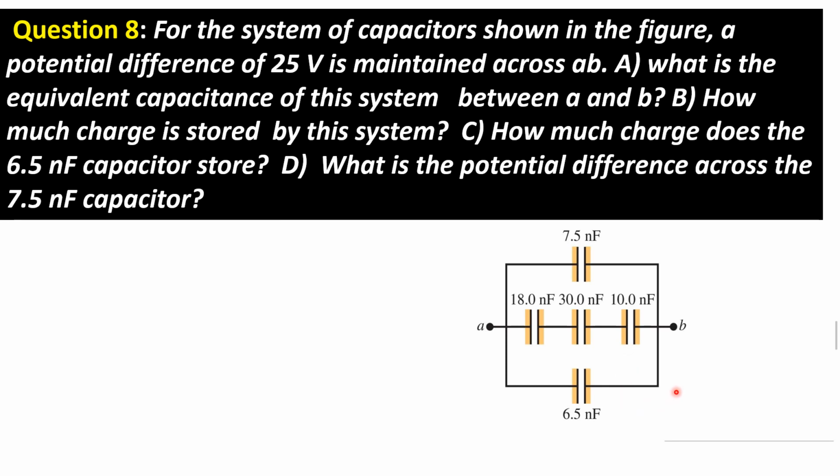Looking carefully at the diagram, we have how many? 1, 2, 3, 4, 5 capacitors connected. The 3 of them, the ones inside, are connected in series: the 18 nanofarad, the 30 nanofarad and the 10 nanofarad.